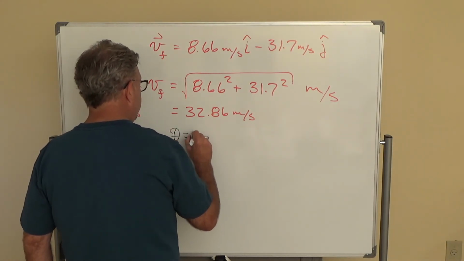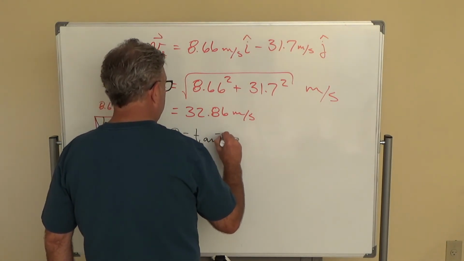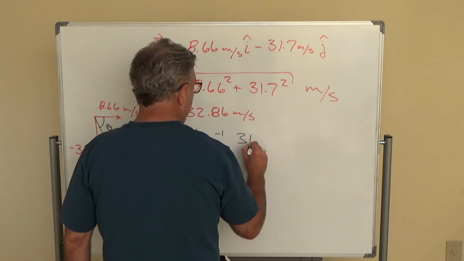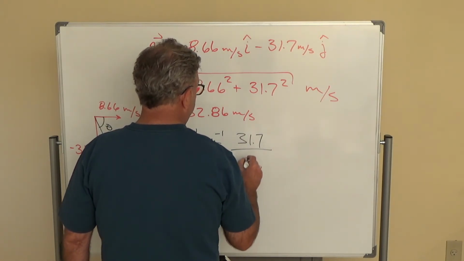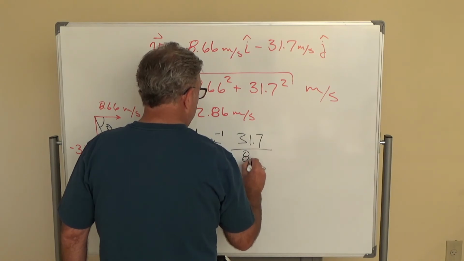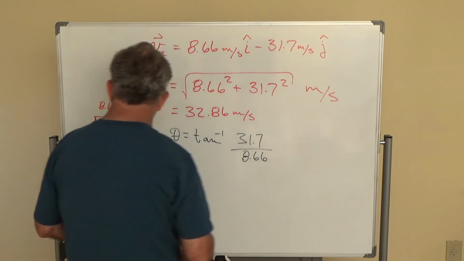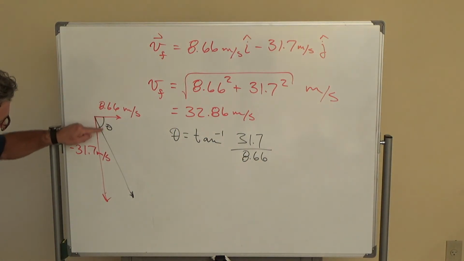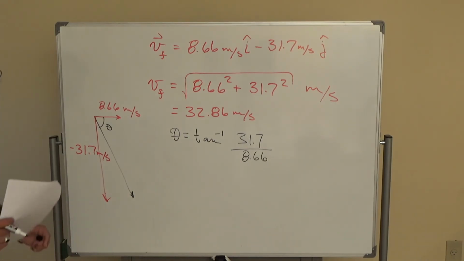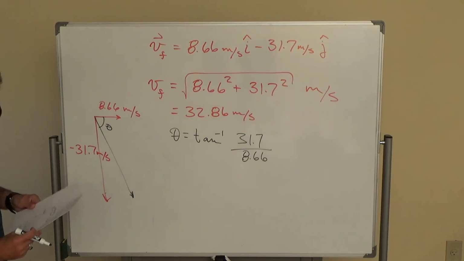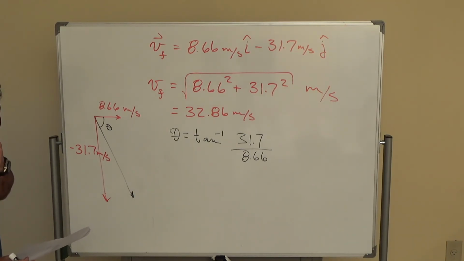So theta is equal to the inverse tangent of 31.7 divided by 8.66, because if I think of moving this down here, all right, is that right?